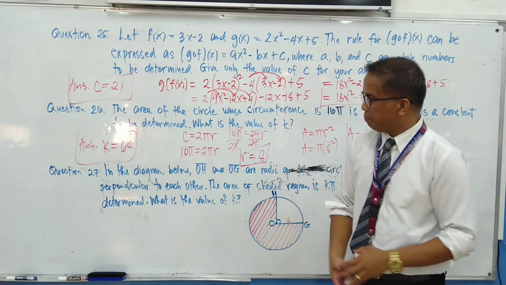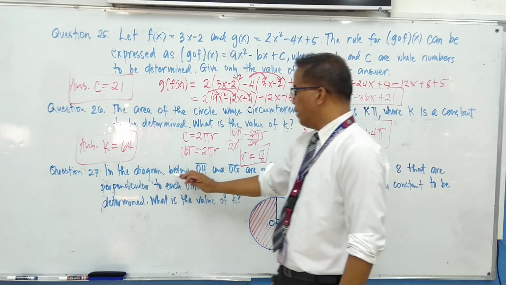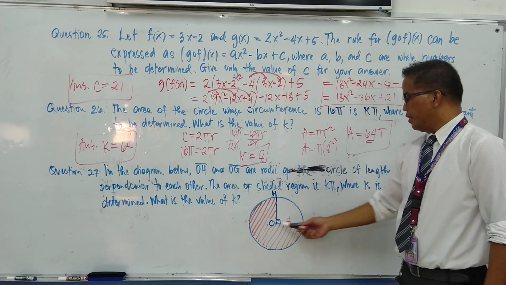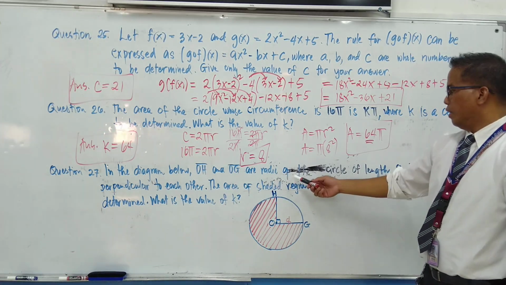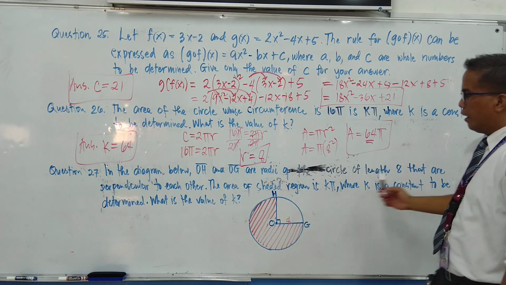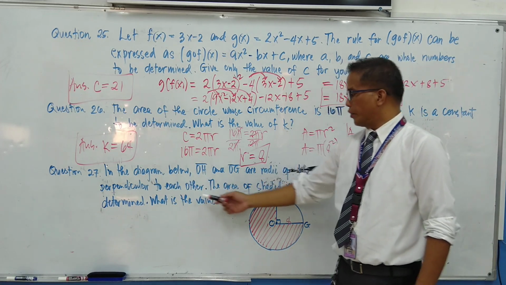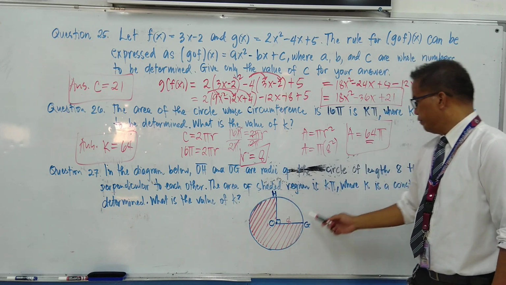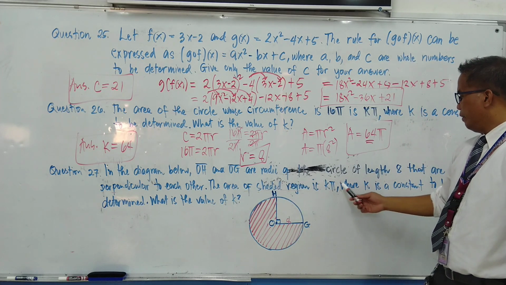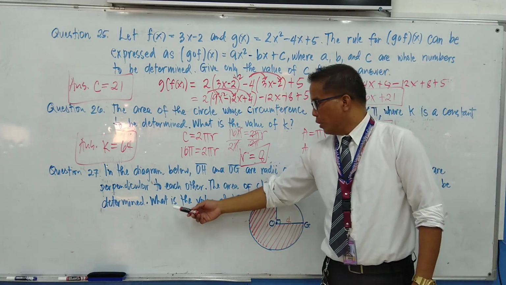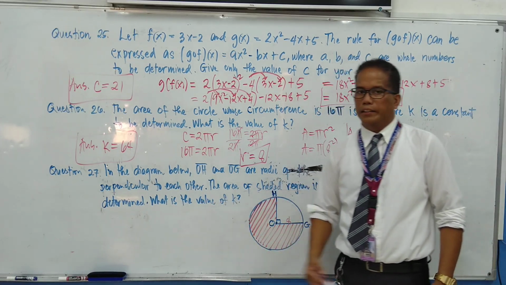We have in the diagram below, OH and OG are the radii of the circle of length 8 that are perpendicular to each other. The area of the shaded region is k pi, where k is a constant to be determined. What is the value of k?